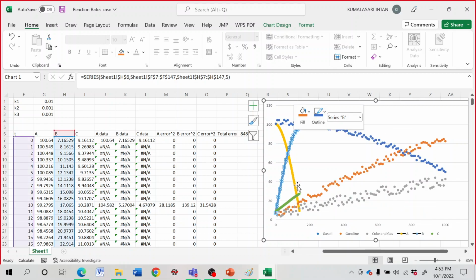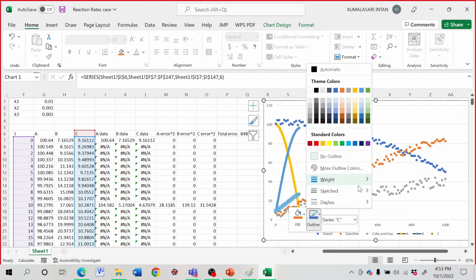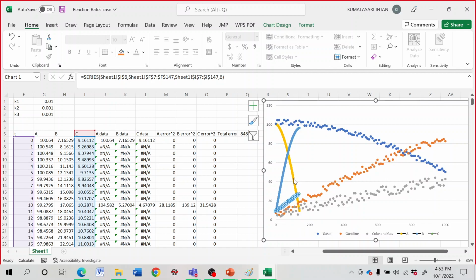I don't know, you can do this better. There's a line, and then you change it to gray. This one you change it to blue.